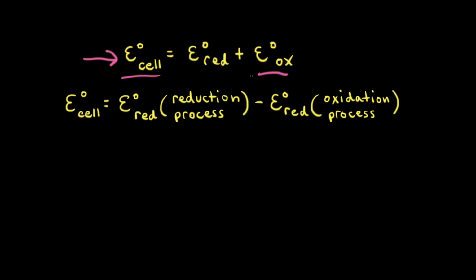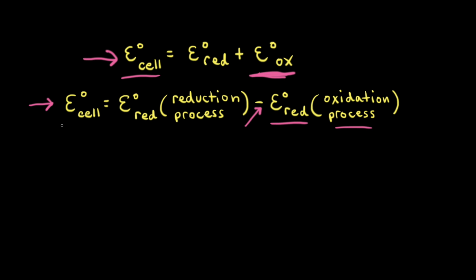Instead of flipping the sign ourselves and getting a standard oxidation potential, we could use this new equation to just use reduction potentials to calculate the standard potential of the cell. Notice that this new equation has a negative sign that essentially flips the sign of the standard reduction potential for the oxidation process. So it accomplishes the same thing that we did ourselves in the first equation.